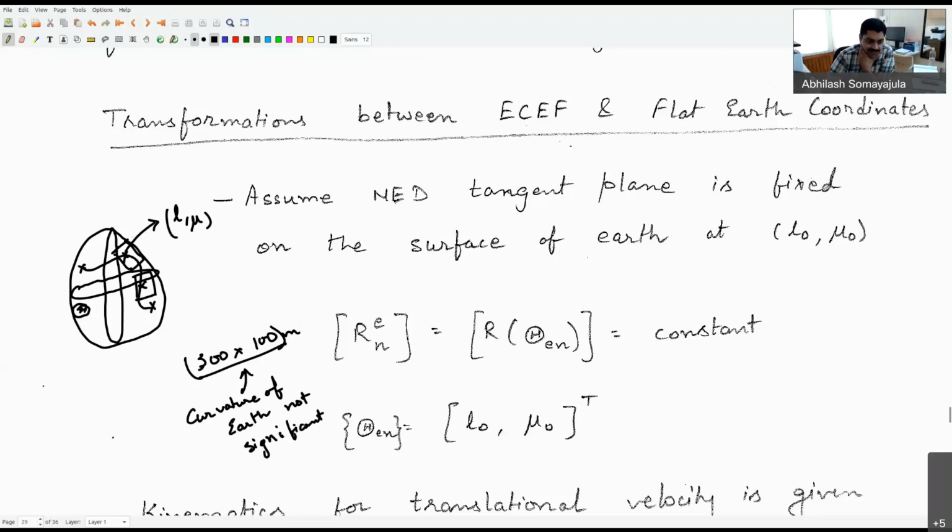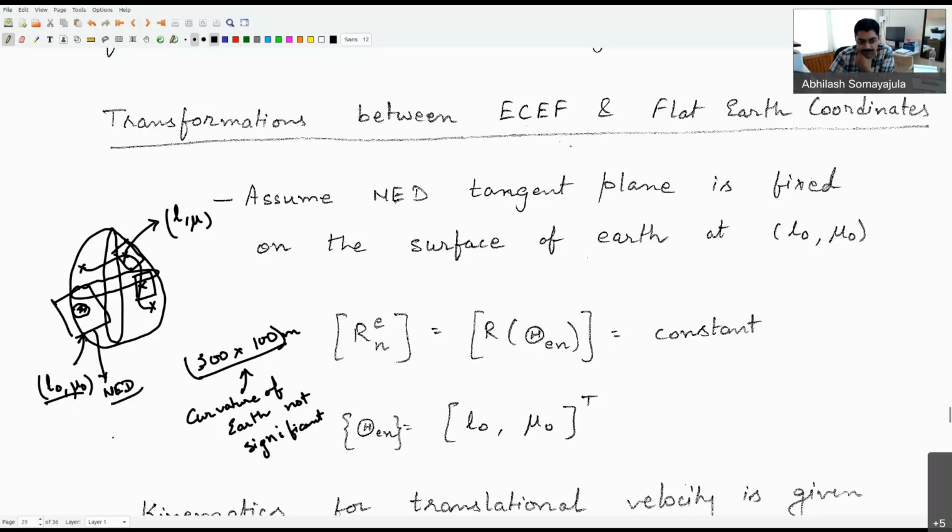I can assume that I'm more or less taking a point about which I construct an NED plane, and I just transform all the GPS measurements which I get into that NED frame, which is fixed at some L0, mu 0. As long as my vehicle doesn't wander off too much from this latitude and longitude, it should be fairly straightforward to put everything into this plane.